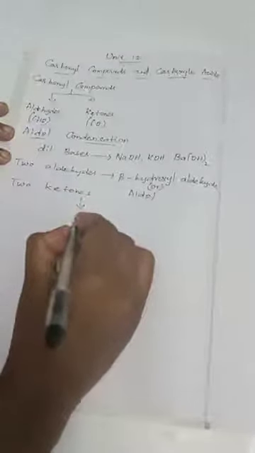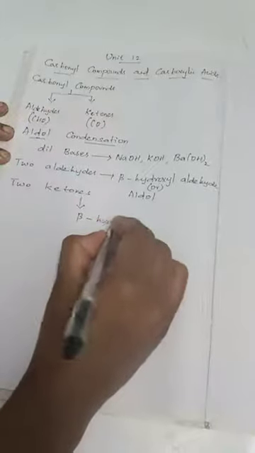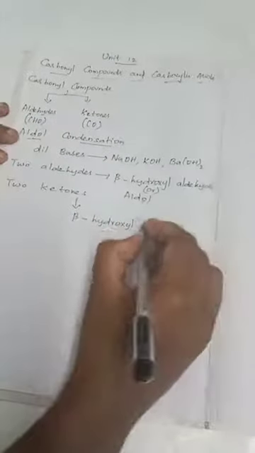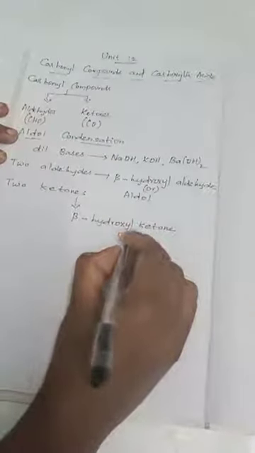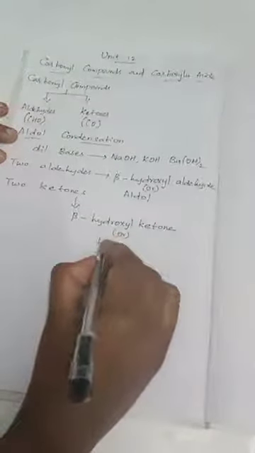When we are using two ketones to carry out the aldol condensation reaction, our expected product is beta hydroxy ketone, or it is also called a ketol.